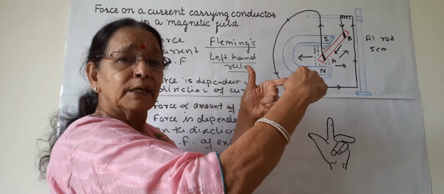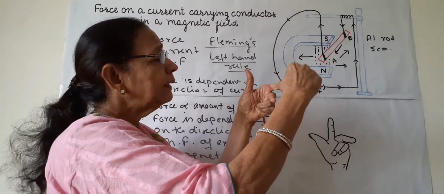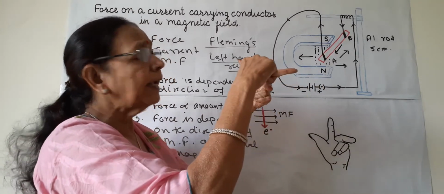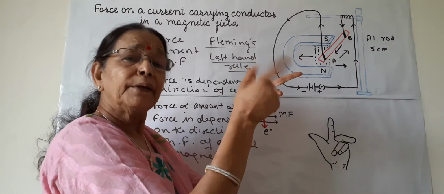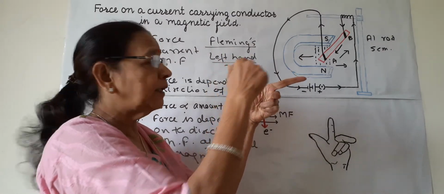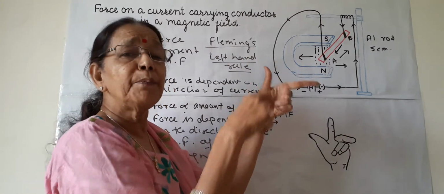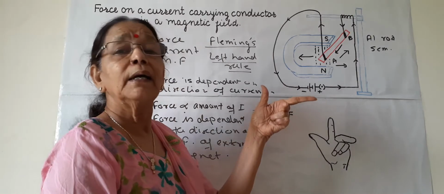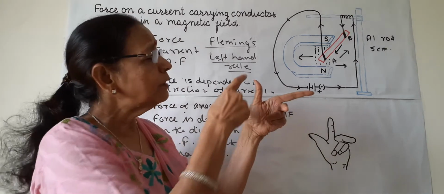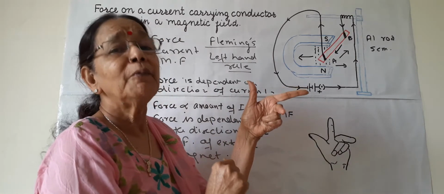Thumb and this finger are at 90 degrees. This and this finger are at 90 degrees. So all 3 are at 90 degrees to each other, that is, all these 3 are perpendicular to each other. So we have to make our hand like this. All these 3 should be perpendicular.